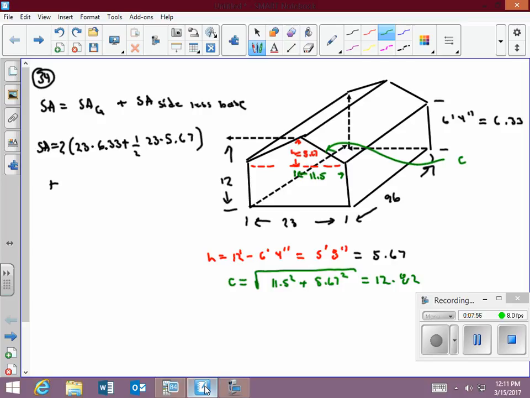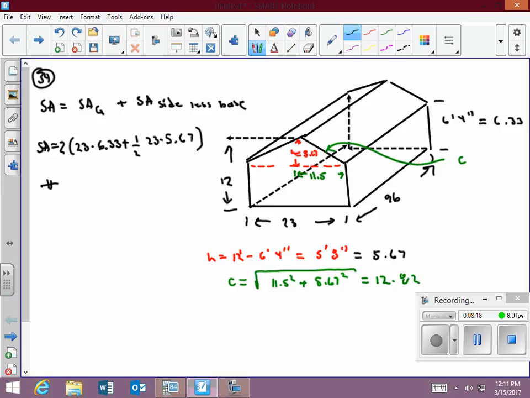So now, if we're going to neglect the bottom of the building, and I think that's what we have to do, then the area around the perimeter is going to be the perimeter times the height.